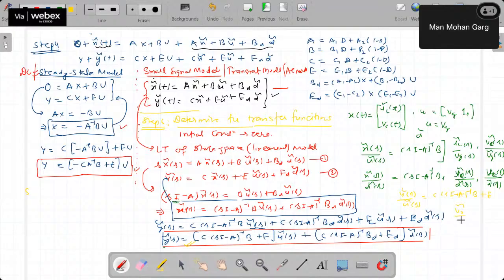One is V output with respect to VG. Another will be Y output with respect to duty cycle, which will be given as C sI minus A inverse BD plus ED, right? We know C, E, ED, everything we know. So directly using these equations also we can get the various transfer functions.